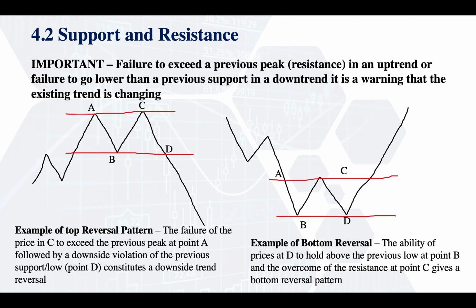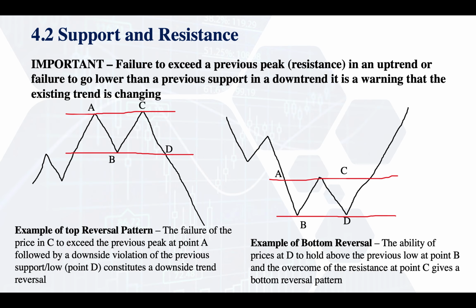But perhaps there are situations where we expect that point C should exceed the previous peak, or in a downward trend, in a bearish market, we expect that point D is going to be lower than point B, but it's not happening. This gives us a warning. So for us traders, this is a warning. Perhaps the meaning can be that the market is reversing. So in fact, they call it a reversal pattern.